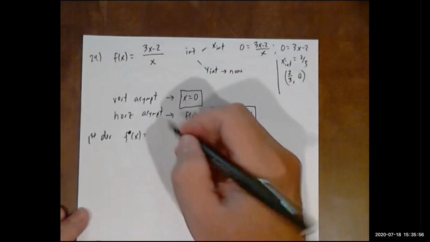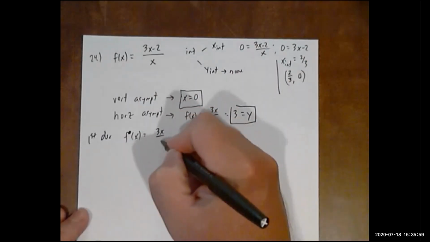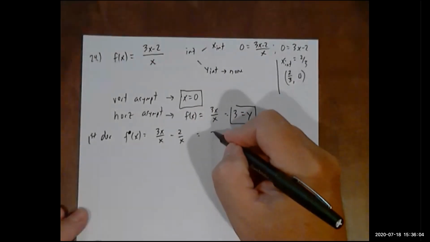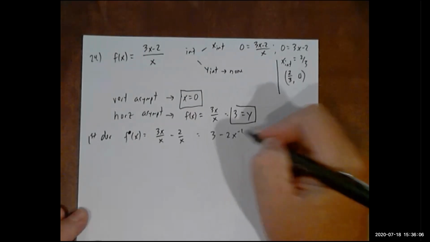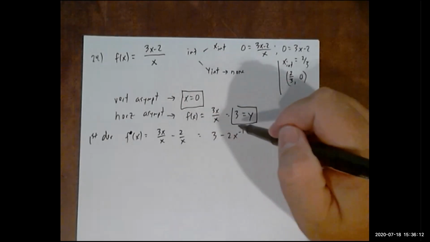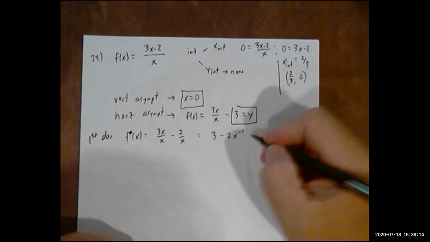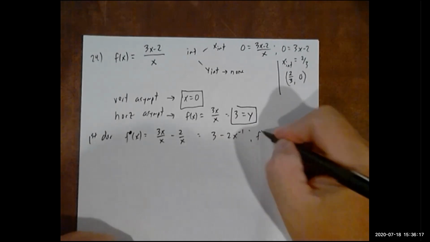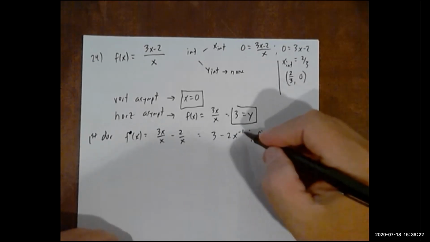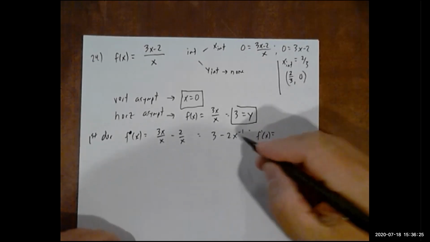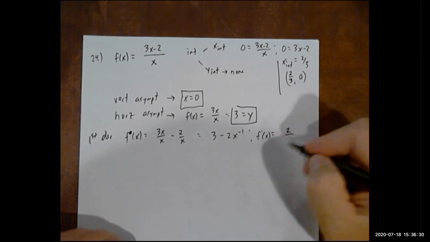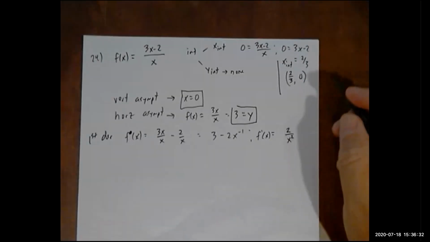But if I split this up into two fractions, this original function, I could actually write it like this. So therefore, first derivative of 3 is 0. And this is going to be -1 times -2, 2 x to the -2, 2 over x squared.